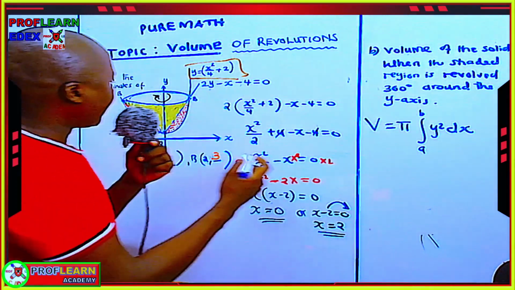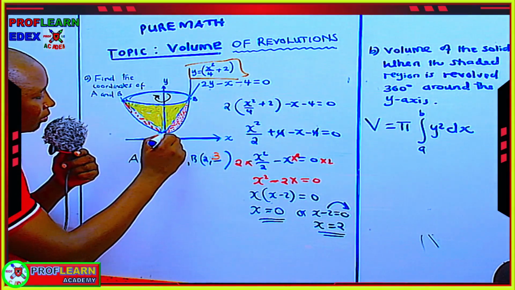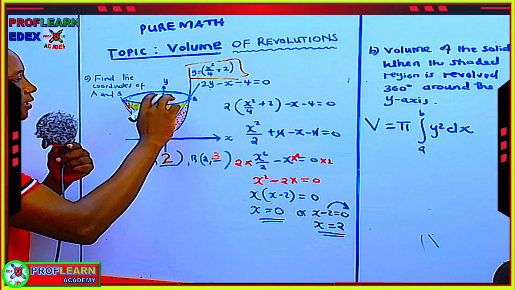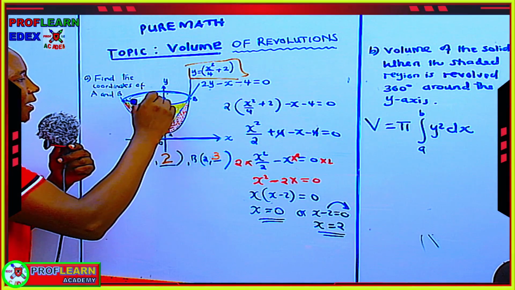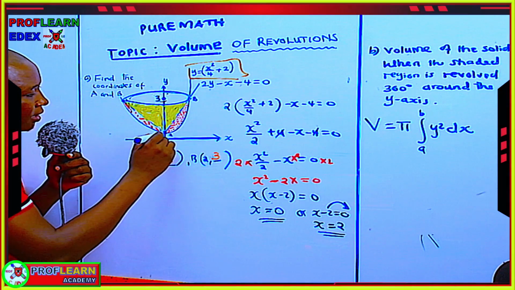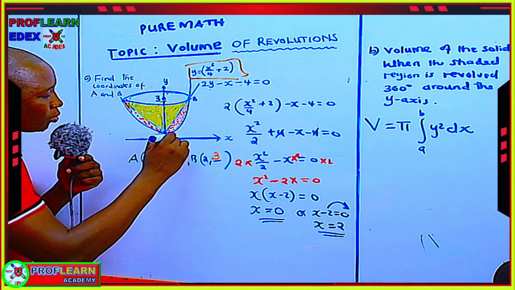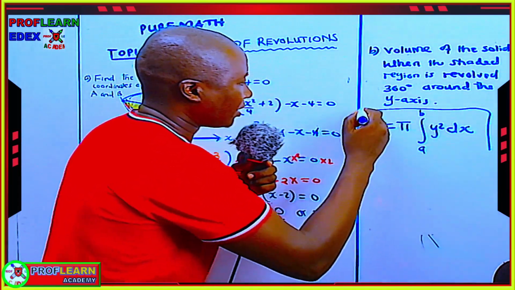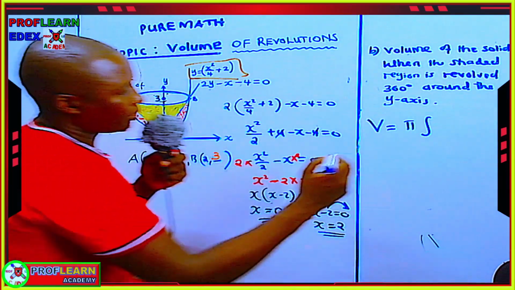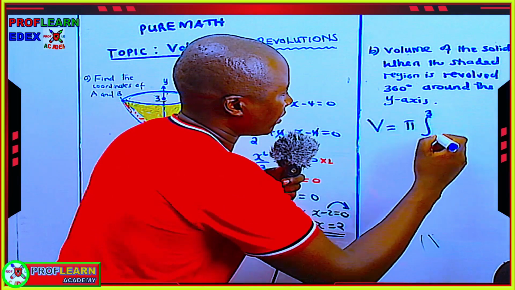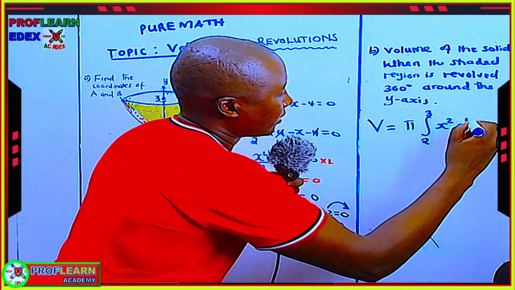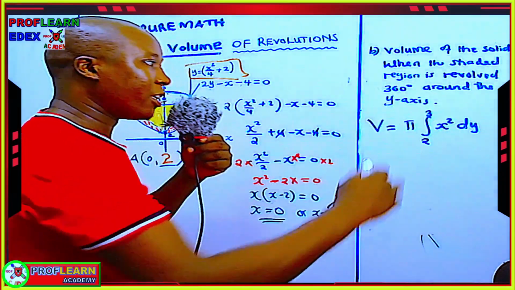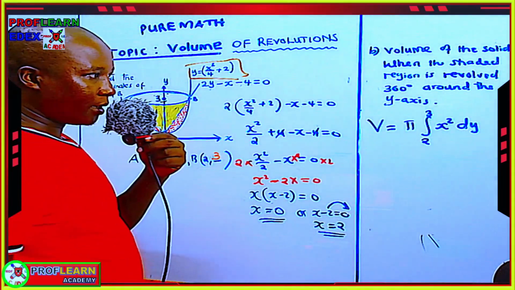Now, since we are integrating from 2 all the way to 3, where y is 2 at this point, we are not going to use this formula the way it is. We go from 2 all the way to 3, x squared dy, because y runs from 2 up to 3.